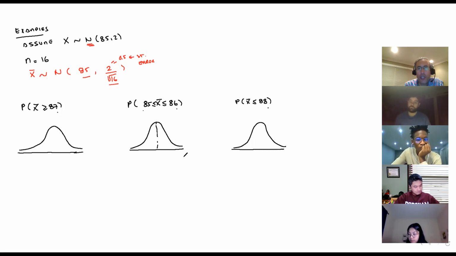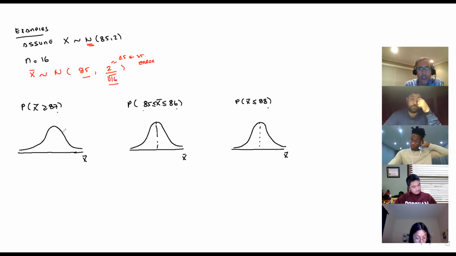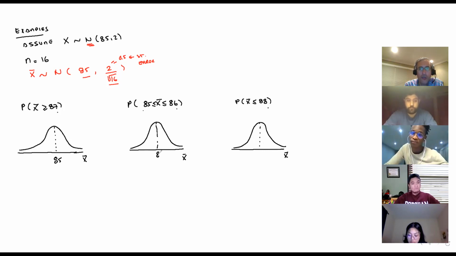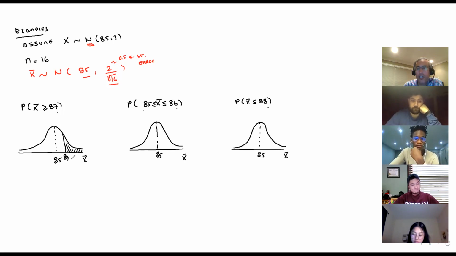I'm talking about not x, guys, but x bar. Just remember that. My variable is not x, it is x bar. So x bar has a mean of 85. Just write 85. And then the first question is larger than or equal to 87. So I have 87 here. I'm interested in this part here.